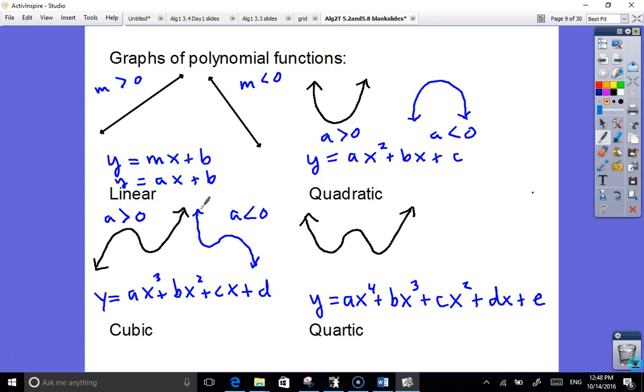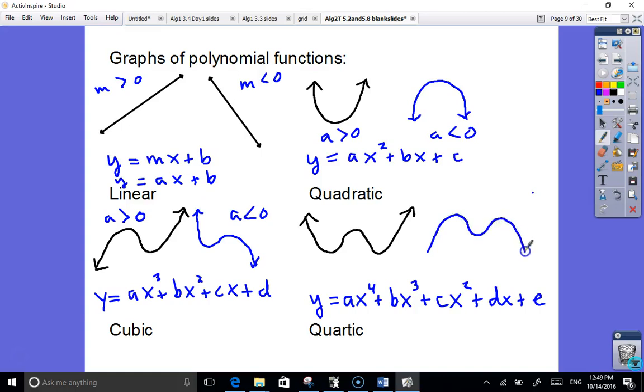And notice that for linear, it's the same thing. Linear, if m is greater than 0, then it starts low and ends high. And for cubic, if a is greater than 0, then it starts low and it ends high. Right? And the same goes for m less than 0, a less than 0. For quartic, it could also be flipped.